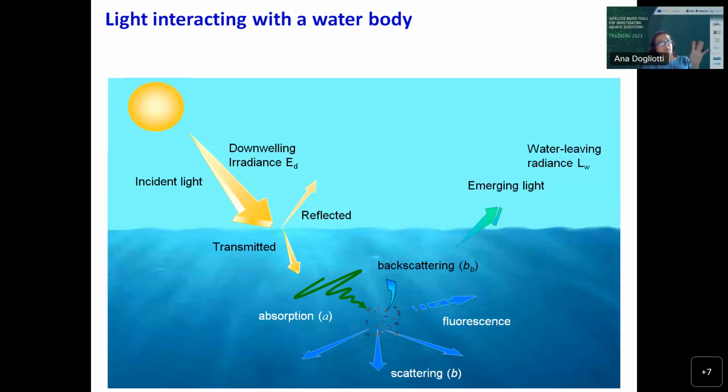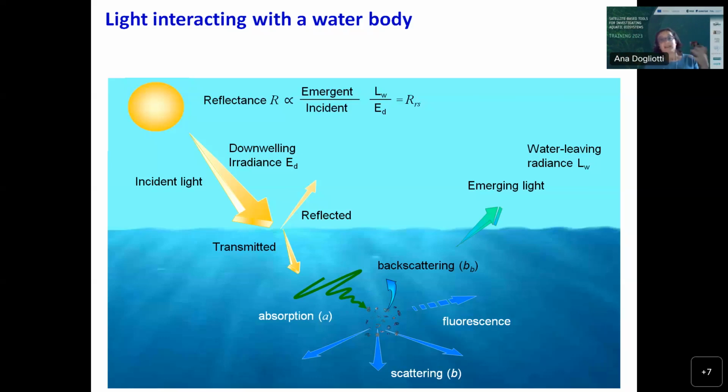And so finally, after all these interactions, part of the light will emerge from the surface, what we call water leaving radiance. So basically, what we usually talk about, and when I mention what is color, I talk about reflectance. And actually, reflectance is the relation between what arrived at the surface and what was finally leaving.